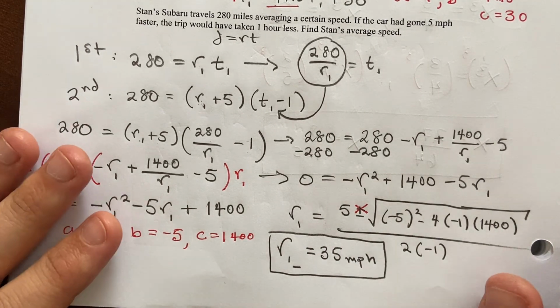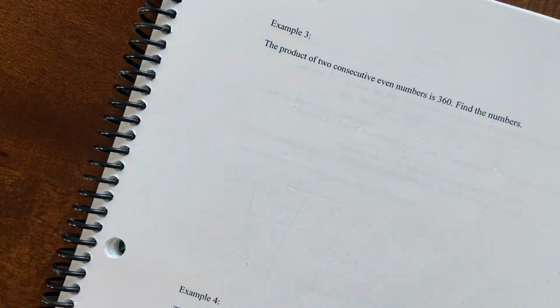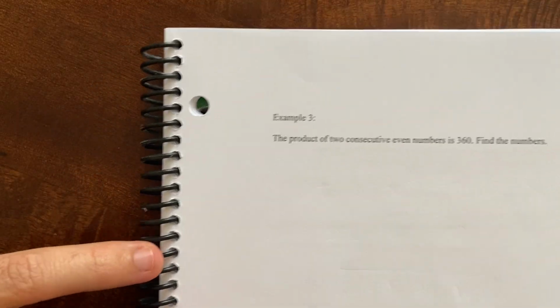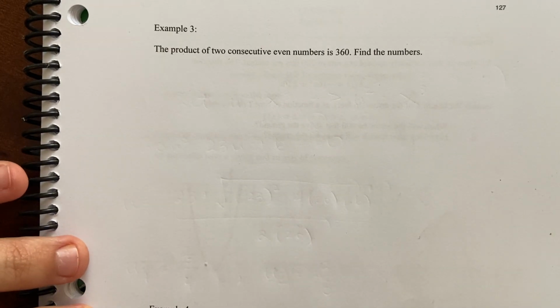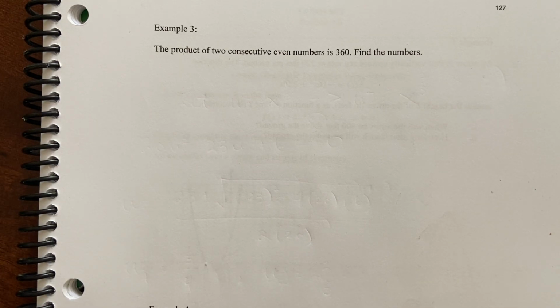So on to page 127. This one says, the product of 2 consecutive even numbers is 360. It says find the numbers. So I don't know what these numbers are, but I know that they're even consecutives.